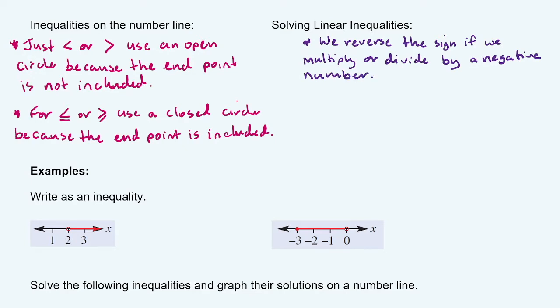The other time is if we are changing sides, so we're moving one thing from one side to the other. If we're reversing the inequality sides, we're switching the sides.